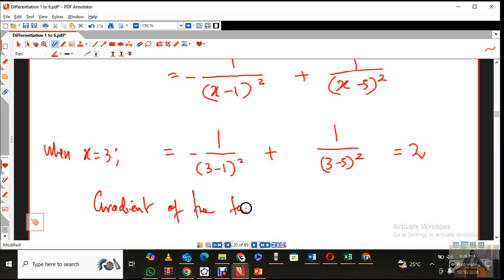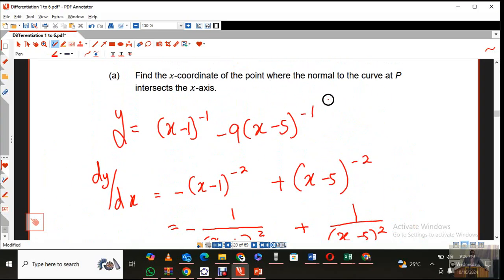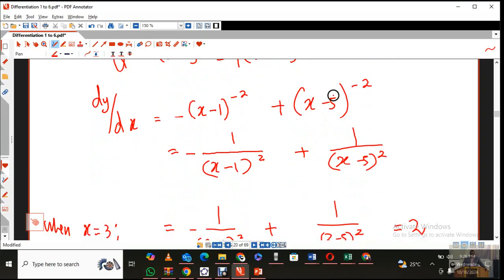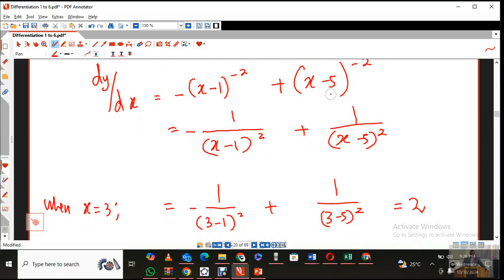But we're not looking for the gradient of the tangent, because the question asks us to find the normal. It says to find the x-coordinate of the point where the normal to the curve at P intersects with the x-axis. So in order for us to find that point, we need to know the equation of the normal.